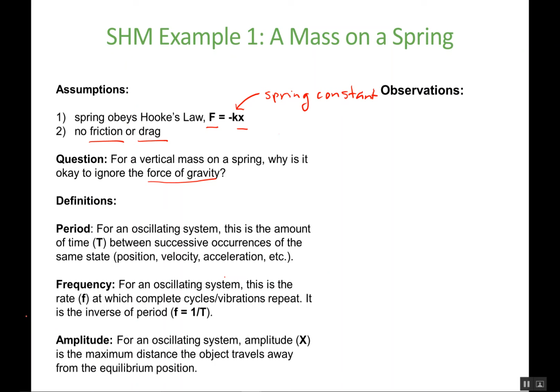Before we look at a demonstration of masses oscillating on springs, there's a few definitions that you need to know. When we're talking about oscillating systems, the period for an oscillating system is the amount of time, T, between successive occurrences of the same state of the system, which includes position, velocity, acceleration, etc. So when you're measuring the period of an oscillation, you measure how long it takes the oscillating body to return to where you started timing its motion.